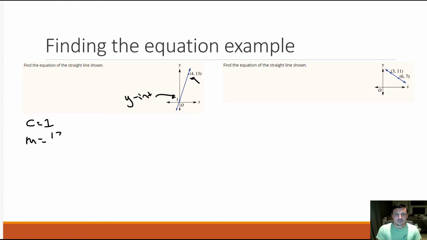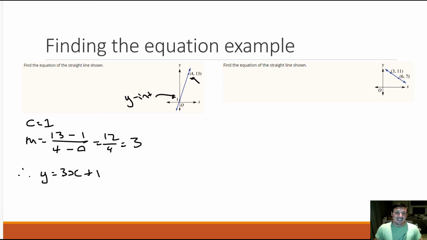So let's go 13 minus 1 over 4 minus 0 gives us 12 over 4, which is 3. So therefore, my equation is y equals 3x plus 1.